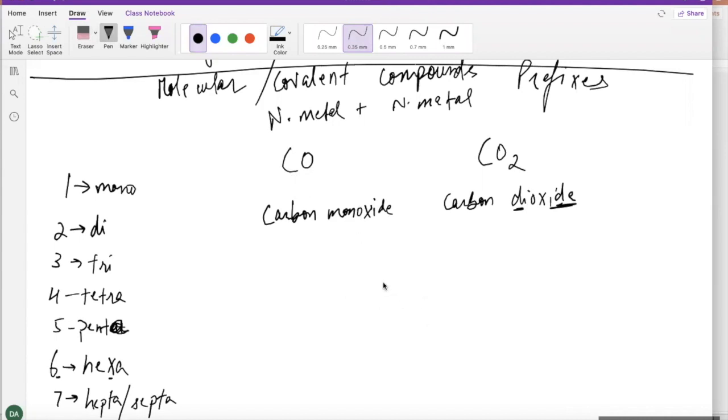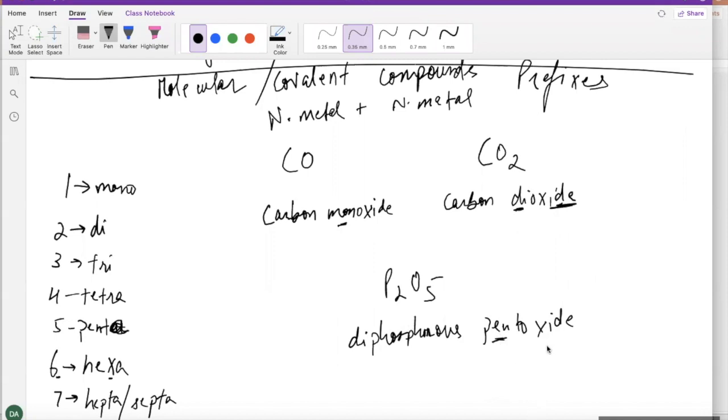But in the case, and if you remember the previous example we did earlier, P2O5, this was diphosphorus pentoxide. What I'm going to ask you is to figure out what difference do you see in all these three names? Like, what do you find surprising? Think about the prefixes. You see, this is monoxide, dioxide, pentoxide.